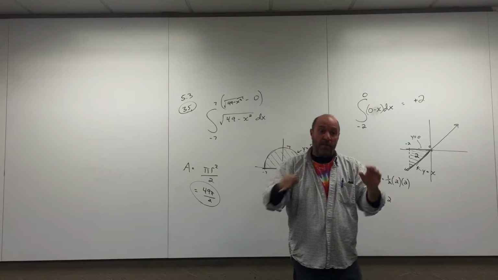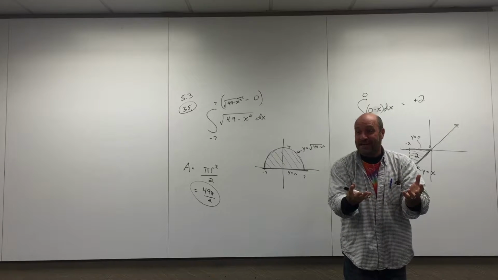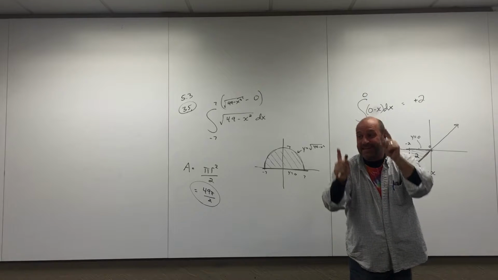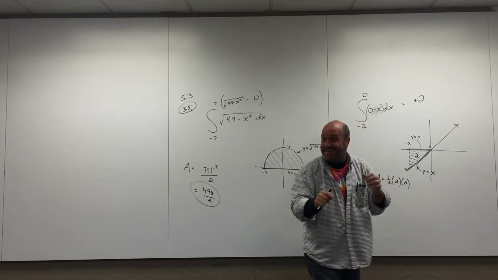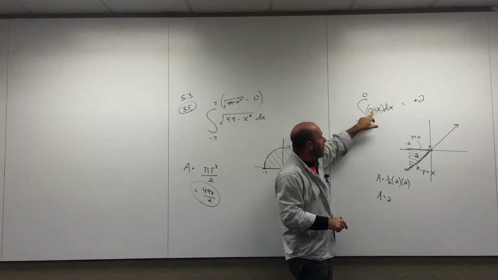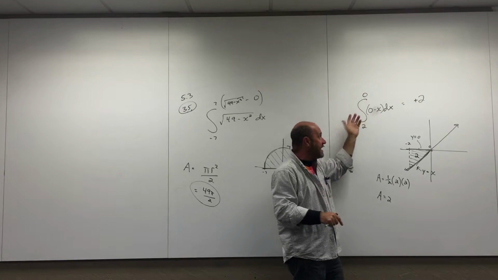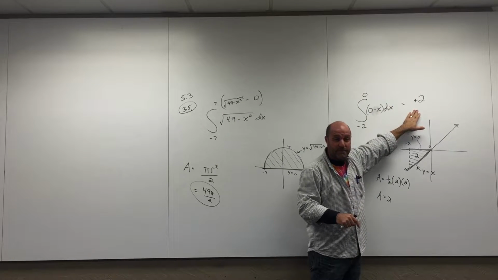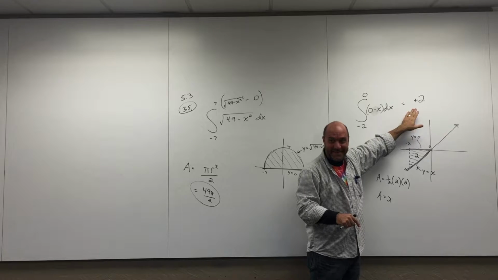And then we say, oh, but area under the x-axis is negative. But the reason it's negative is because if I set up top curve minus bottom curve, I would put a 0 minus that function and it would negate it and make it positive. Now you're really confused. Maybe.